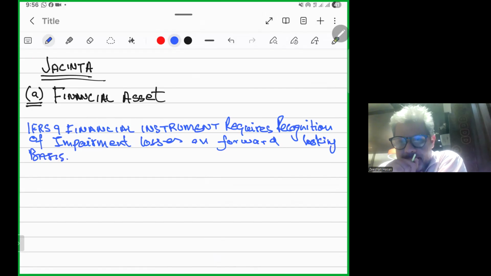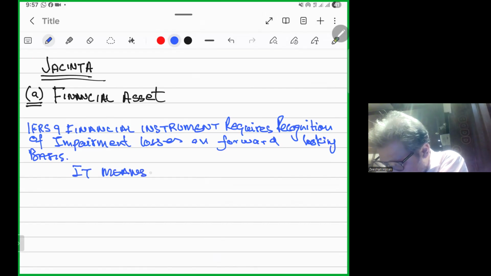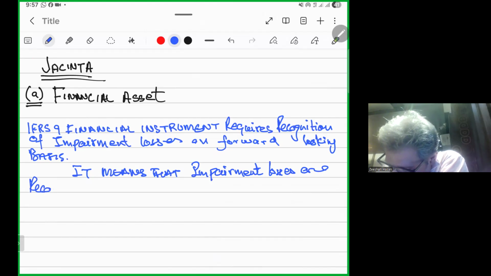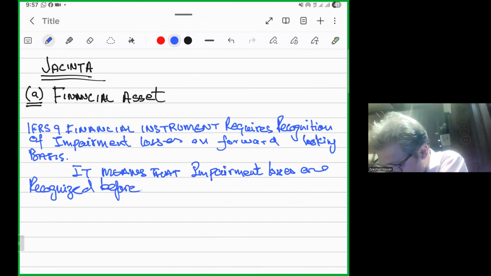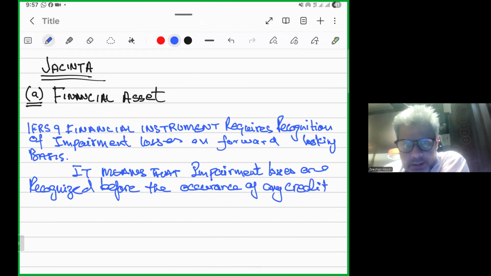Which means that impairment losses are recognized before the occurrence of any credit event.